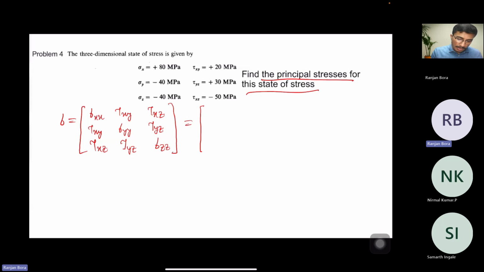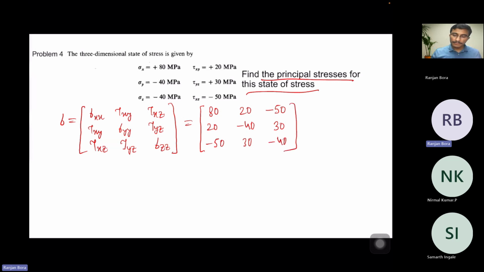So it is 80, tau xy is 20, tau xz minus 50, 20, minus 40, 30, minus 50, 30, and minus 40. So this is the state of stress given.